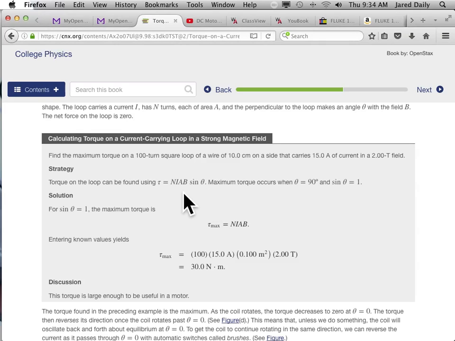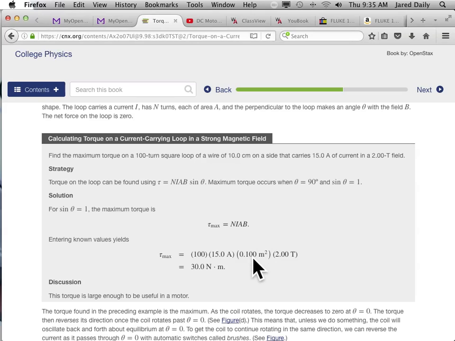So we plug our stuff into the equation. Theta equals 90 just leaves us with this equation. We need N is 100, I is 15 amps, the area is 0.1 squared. That's a mistake right there, and then the B is the magnetic field, which is 2 Tesla.